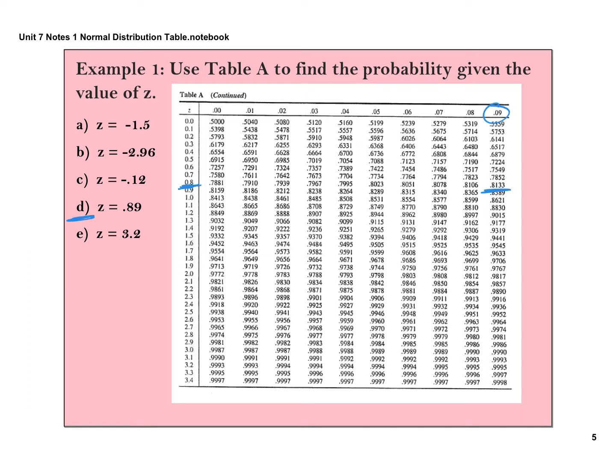So 0.89 has a probability of 0.8133. Then the last one that we're going to look at right here is 3.2. So 3.2 and then 0, because there's nothing after it. 3.20 is 0.9993.